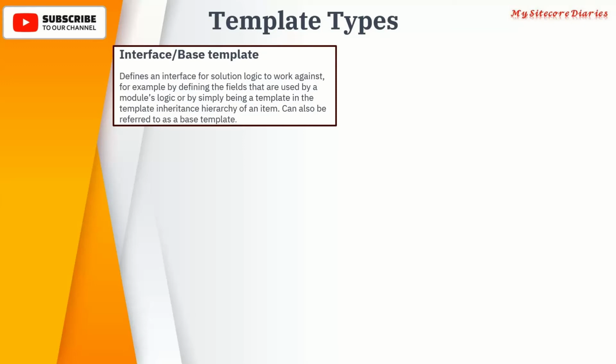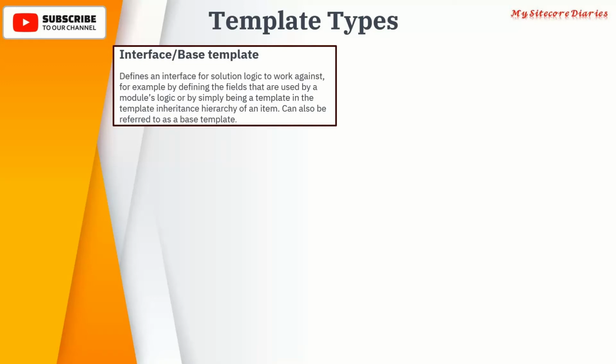If you go to the definition in Sitecore, it says that it defines an interface for solution logic to work against, for example defining the fields that are used by the module logic, or simply being a template in the template inheritance or hierarchy of an item, can also be referred to as a base template. So in simple terms, a base template is like a base class, where you have a base class which you can use in multiple classes.